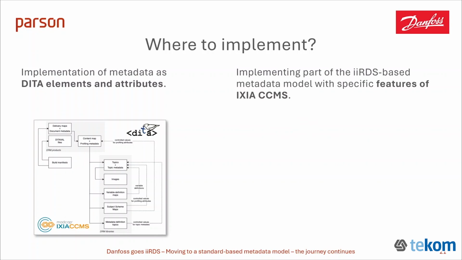And we implemented another part of the iiRDS metadata model with the specific features of IXIA CCMS. The main component we used for that was the dynamic release management. We already made a lot of use of the libraries feature of IXIA, but we decided against using the taxonomies that IXIA provides because that was not powerful enough for mapping all the metadata elements that we wanted to use.